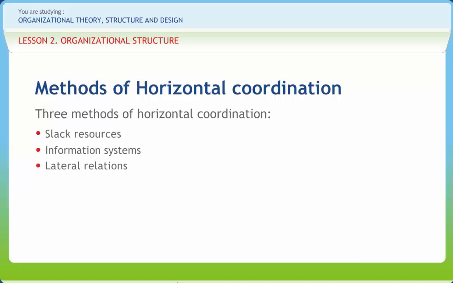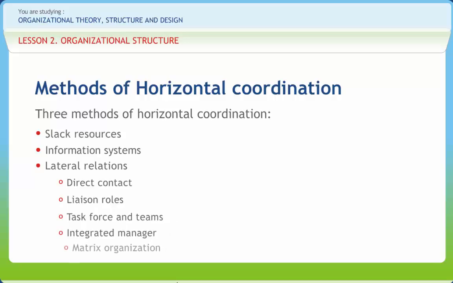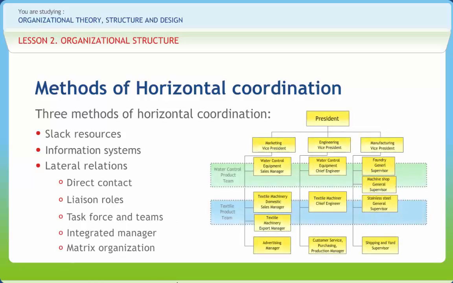Lateral relations is the coordination of efforts through communicating and problem solving with peers in other departments or units, rather than referring most issues up the hierarchy for consideration. Direct contact, liaison roles, task forces and teams, and integrating manager matrix organization are the major means of lateral relations.